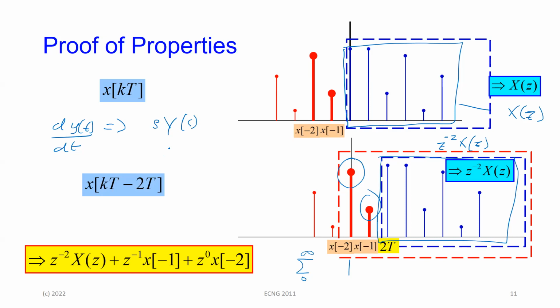If I had initial conditions, you remember I had to put in y(0-) inside of here. It's the same sort of thing. And d²y/dt² was s²Y(s) minus s y(0) minus y'(0). Okay, the same thing. This is why I was saying that it's not entirely new material that you're doing. So it's the same sort of process here.